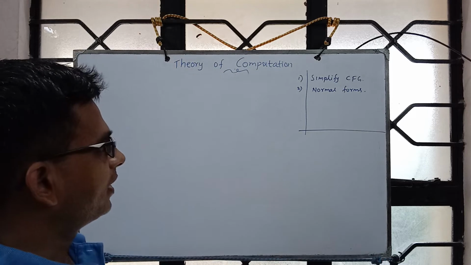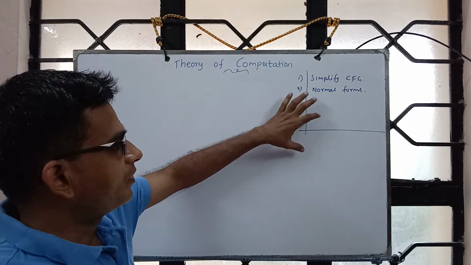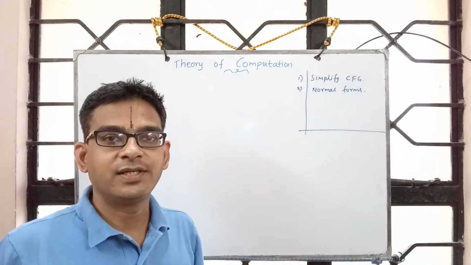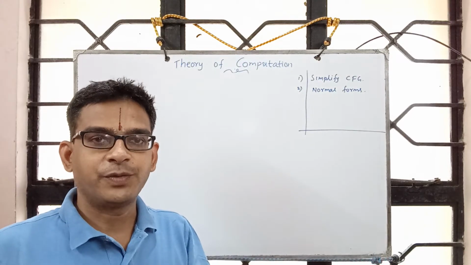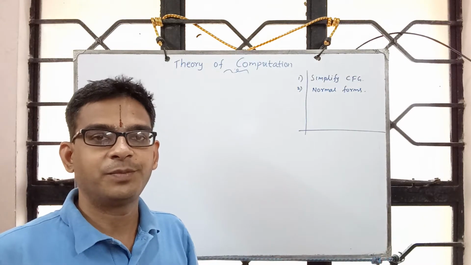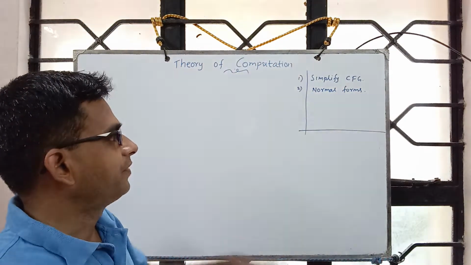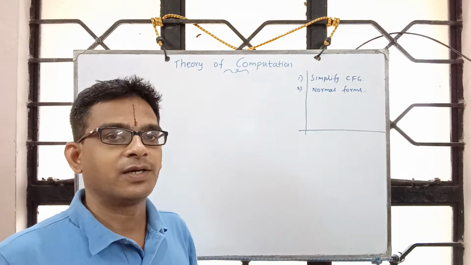And once we get to know these two, from normal forms we can come up with something called a pumping lemma. Very similar to pumping lemma for regular sets, one can come up with pumping lemma for context-free languages as well. And with that, we will show that certain languages are not context-free.